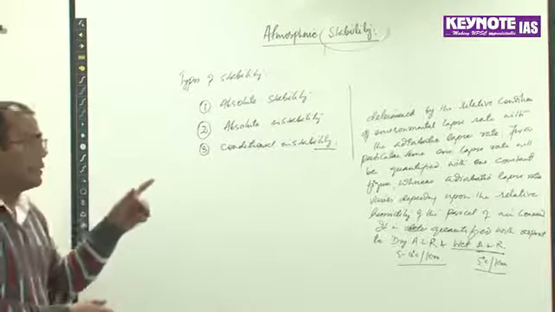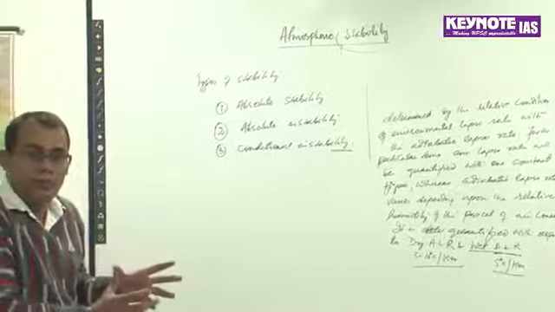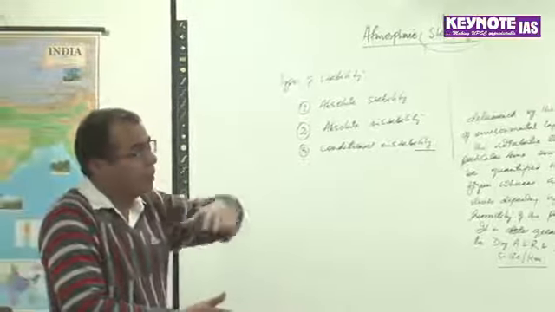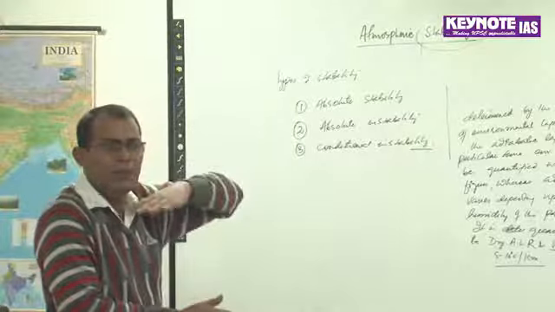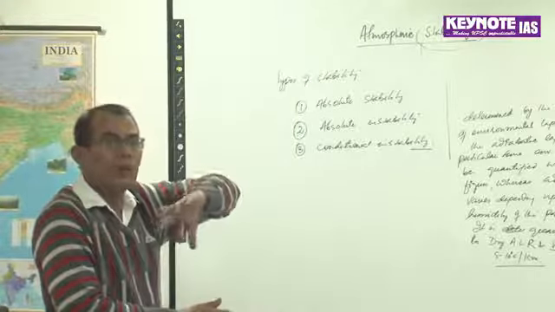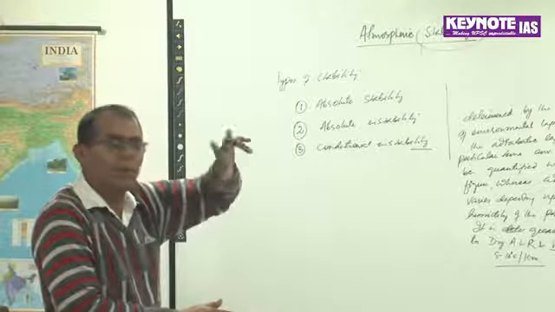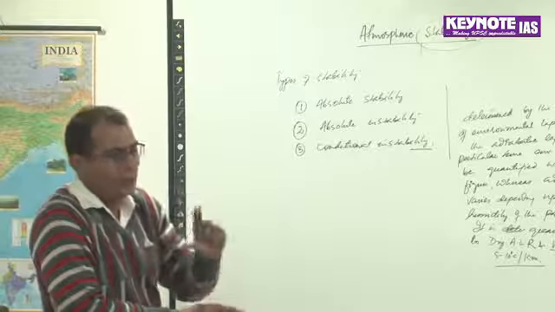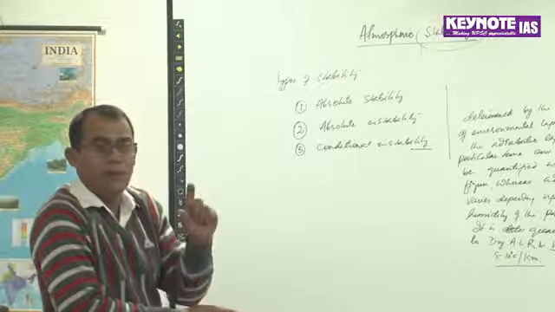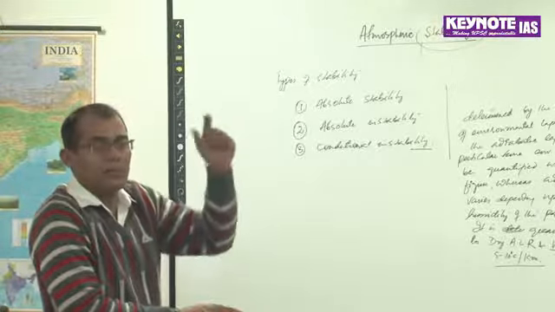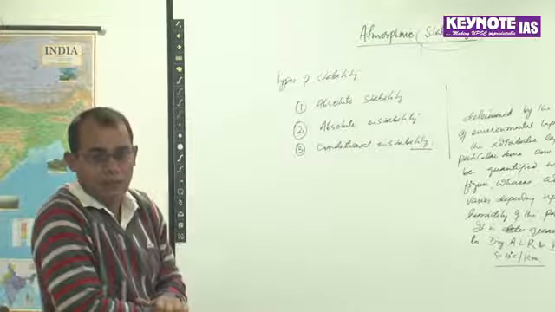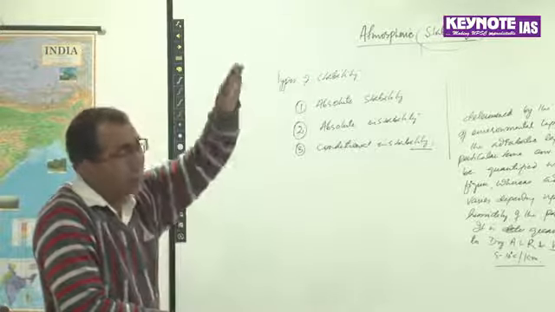Hope we understand this part. For any given point of time, the environmental lapse rate is roughly uniform. I am not talking about the steepness: initially the rate of decrease will be much steeper, thereafter relatively gentler. Right? So, one single way it will be.